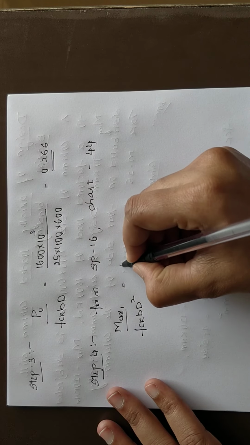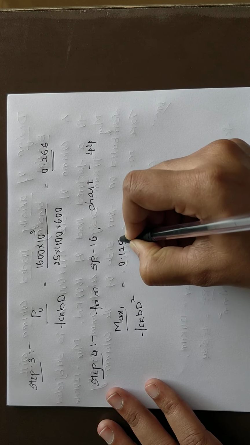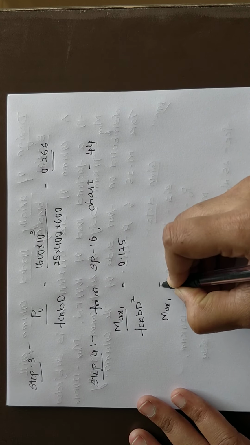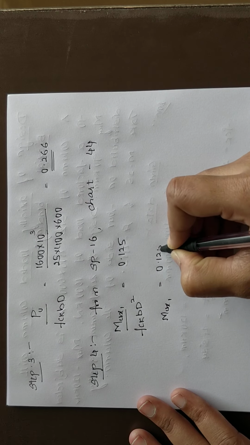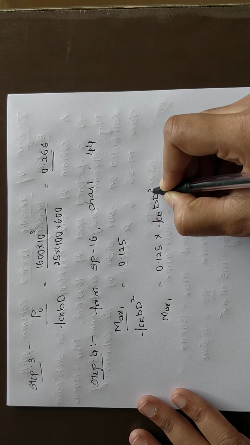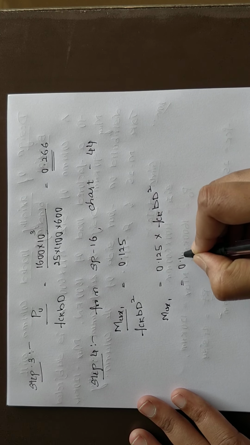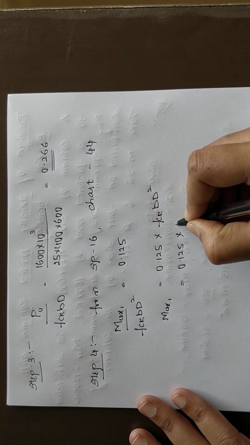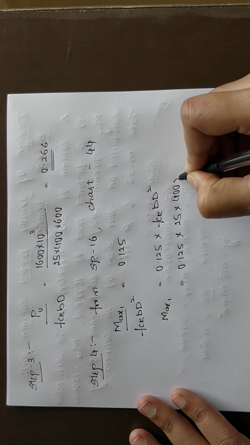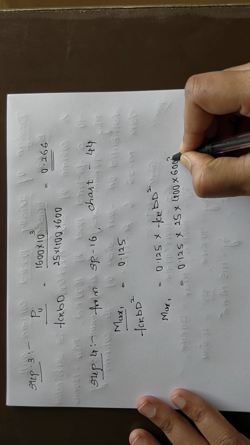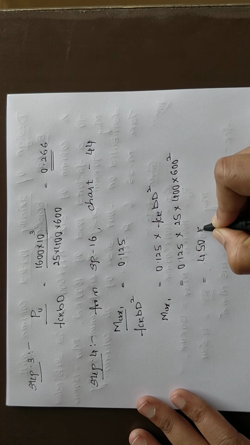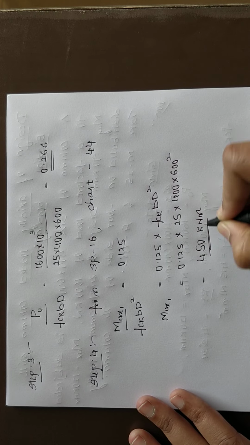Then calculate MUX1. MUX1 equals 0.125 into FCK BD square, that is 0.125 into 25 into B value 400 into depth value 600 square. You will get MUX1 as 450 kilonewton meter.